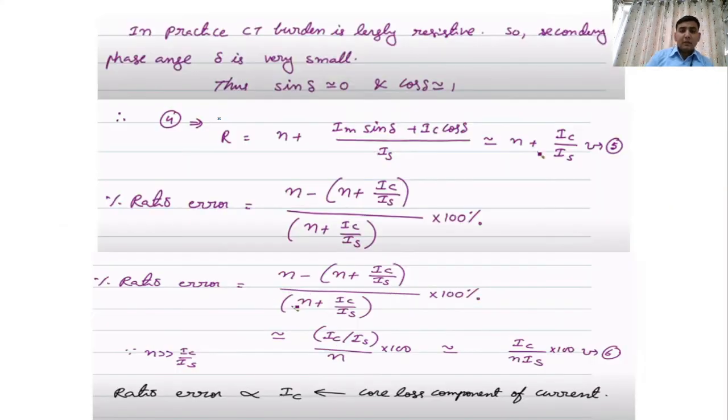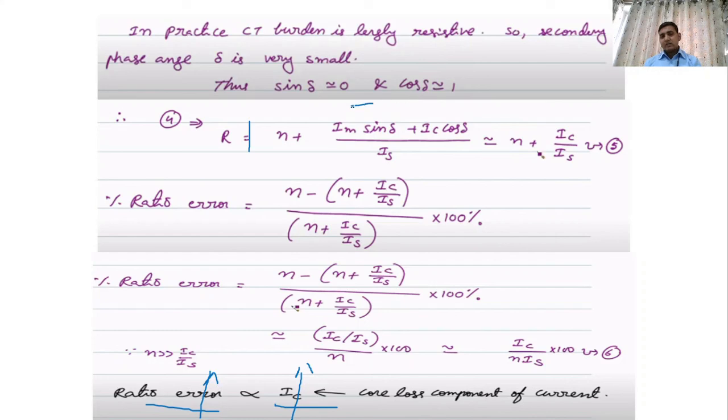Then for the core losses, Im sin(δ+α) and Ic cos(δ+α) represent the magnetizing and core loss currents. They show that our ratio error is directly dependent upon our core losses. As the core losses increase, our ratio error also increases in our system, as R is not equal to n.